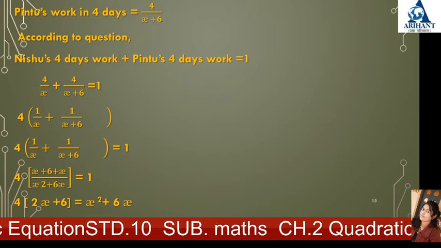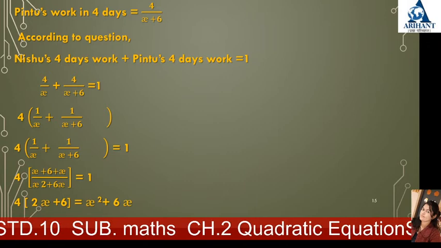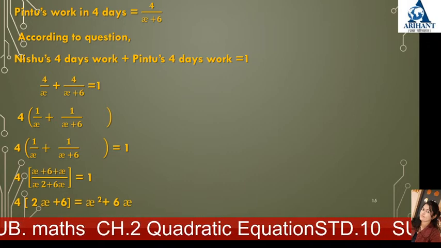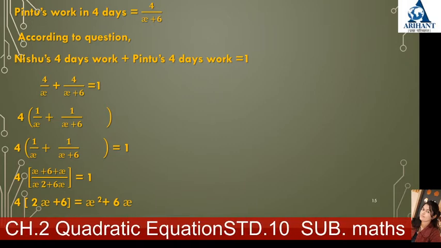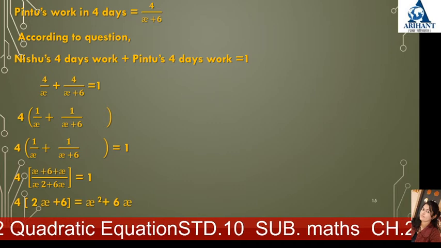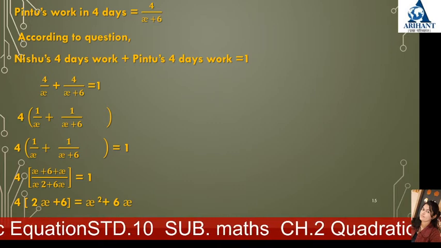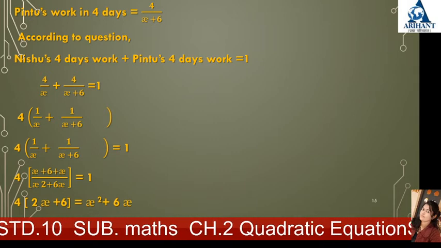Then we will get x plus 6 upon x square plus 6x. 1 is as it is. Now simplify the bracket. Then we will get 4 into x plus x plus 6, so there are 2x, right?